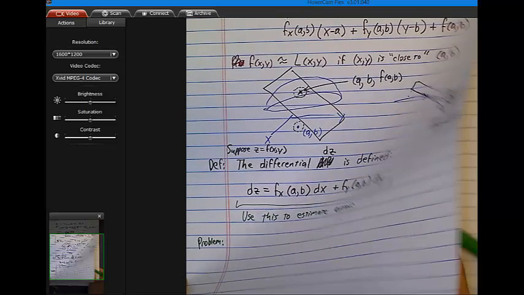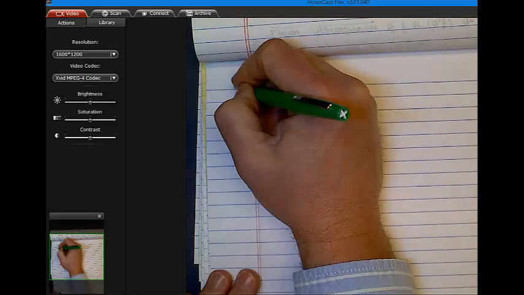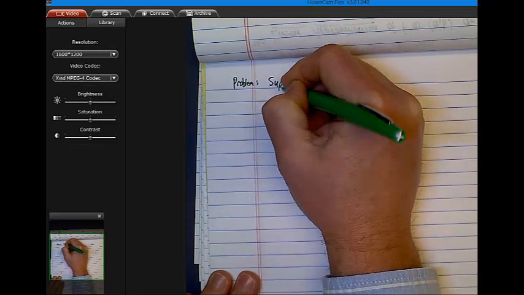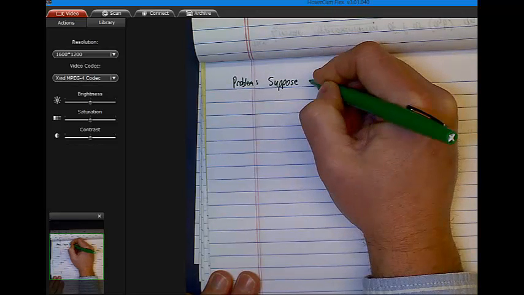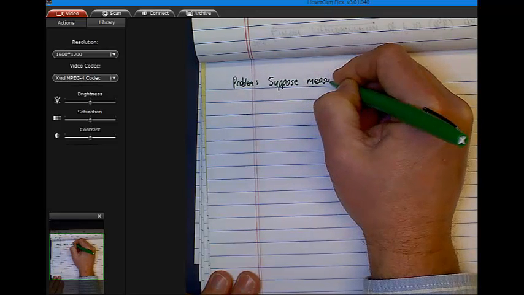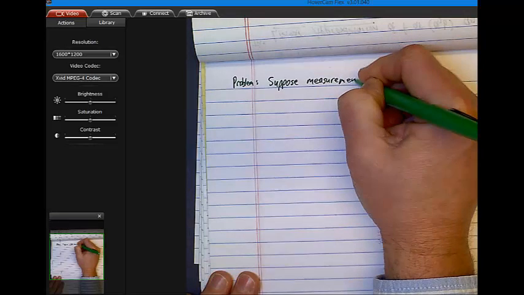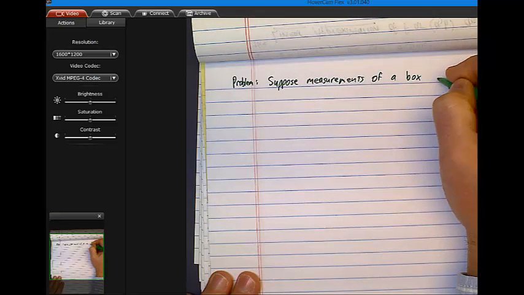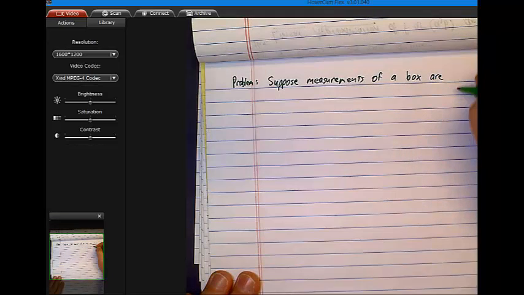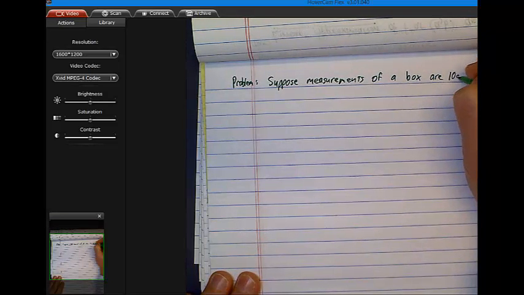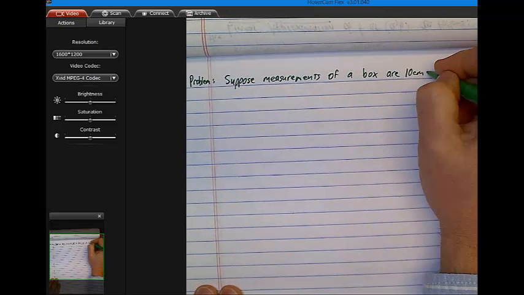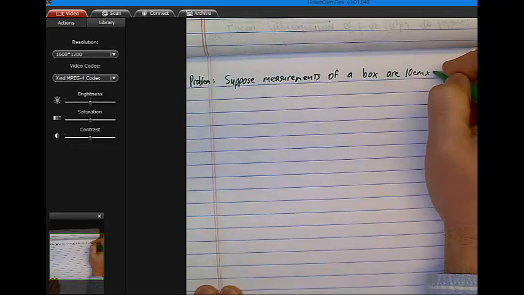Let's get more room. I'll do it here. Problem. Suppose the measurements of a box are, let's say, 10 centimeters by 12 centimeters by 15 centimeters.